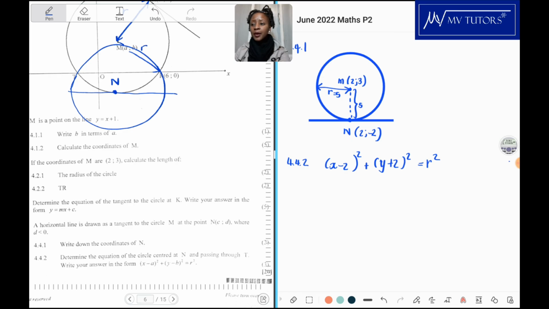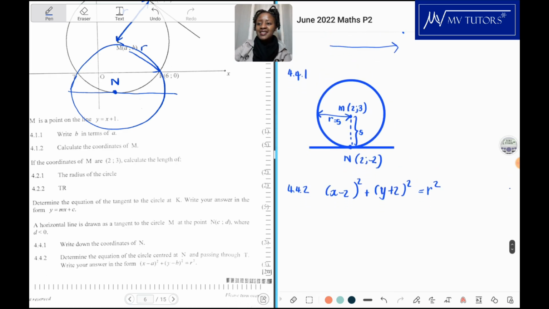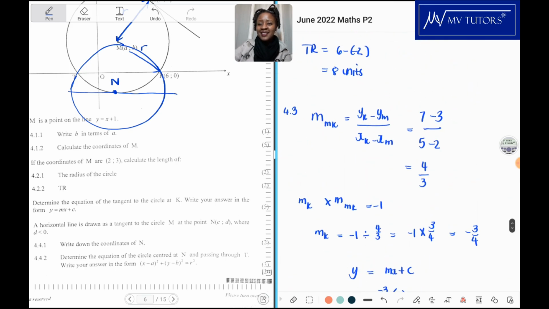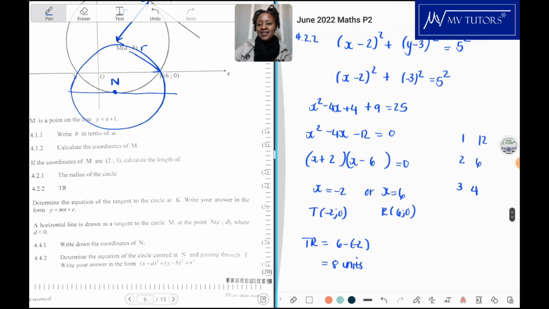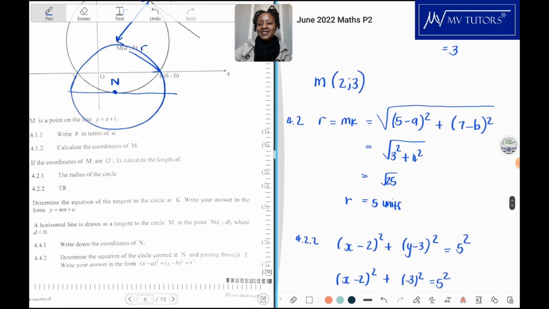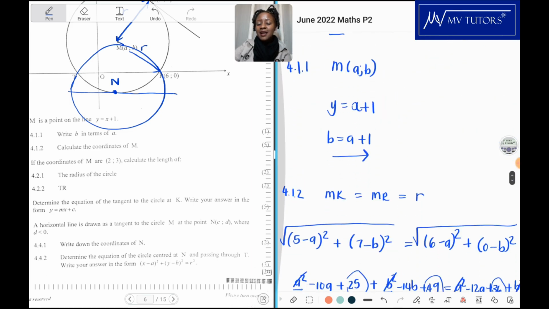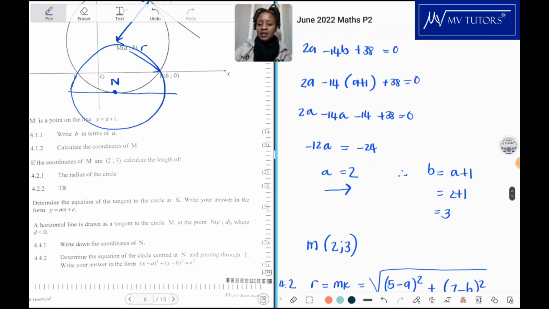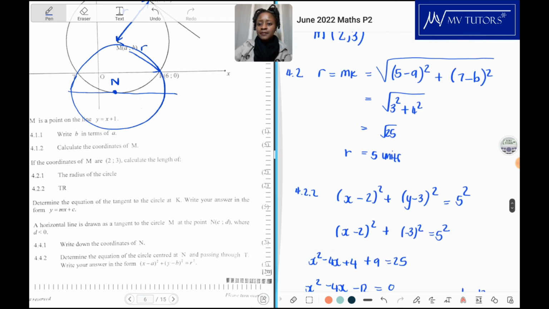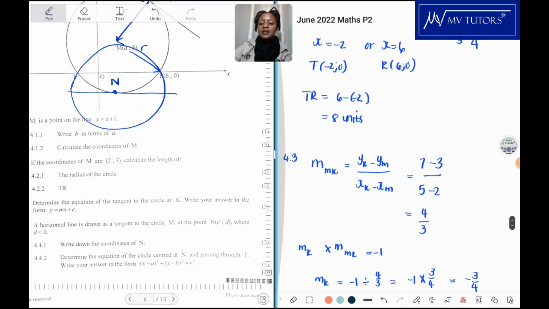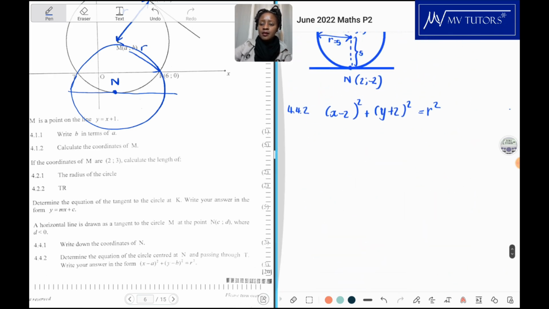So what am I going to do? I'm going to substitute T. Now I forgot what T is. T is negative 2, right? Where did I put T? Yes, T is negative 2, so I'm just going to say T is (negative 2, 0).